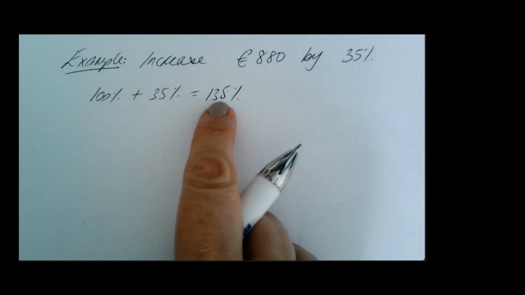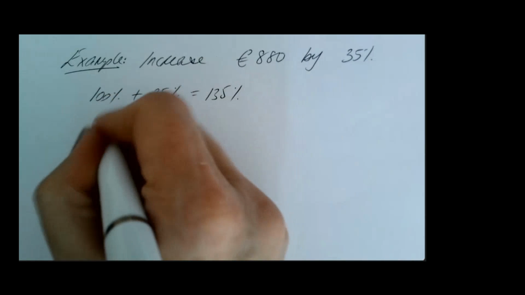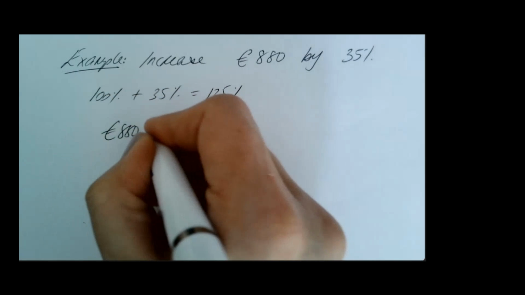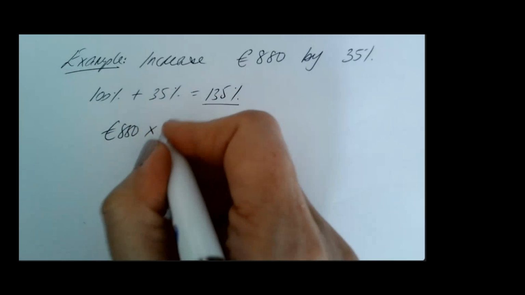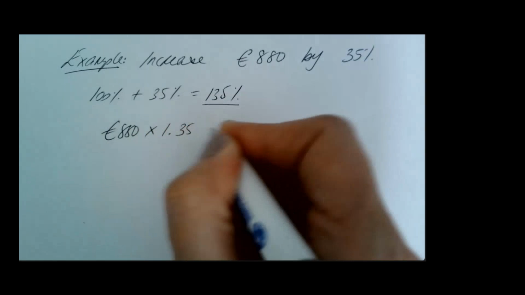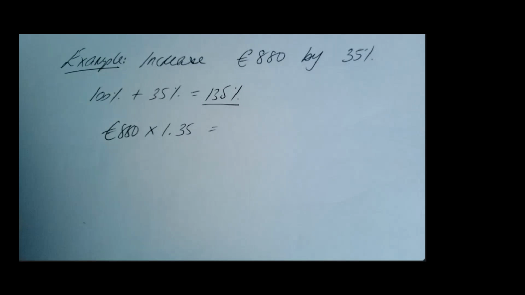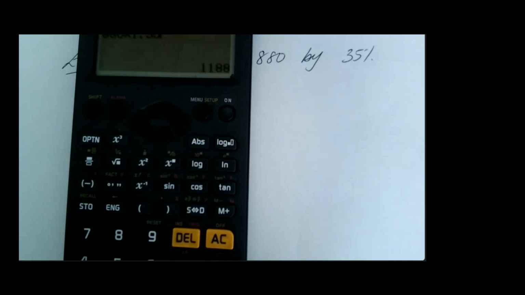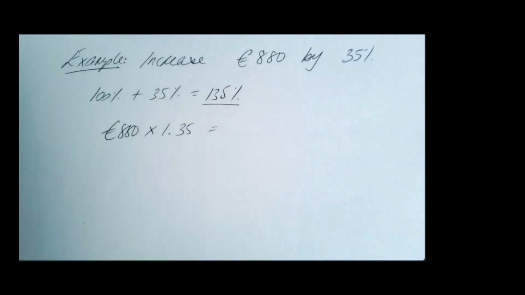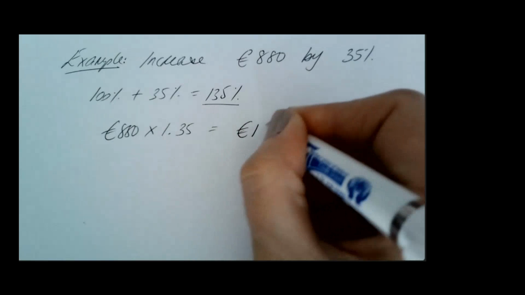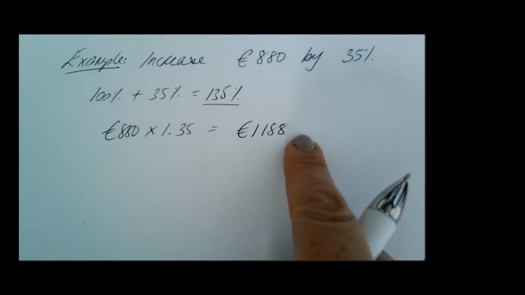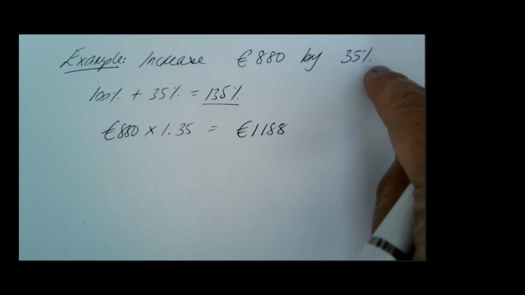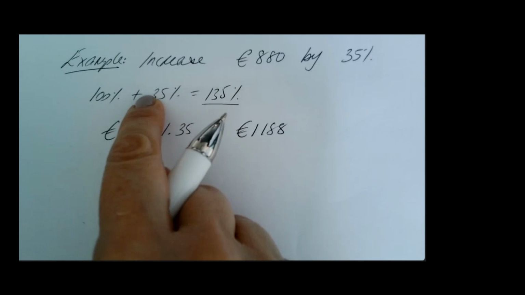So if I want 135% of 880, I'm going to take my quantity and multiply by the decimal version of 135%, which is 1.35. And in one quick step, that has worked out what the 35% is and added it on.